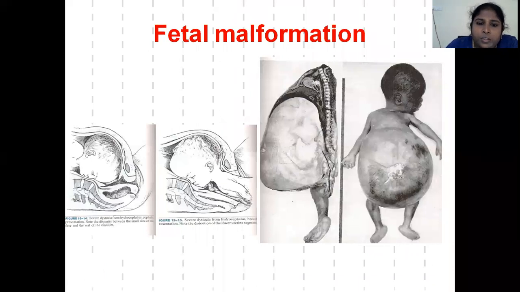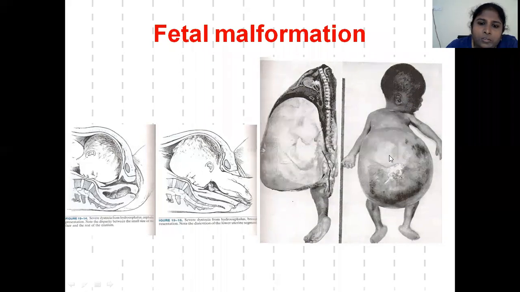Next, fetal malformations. Fetal malformation is also a cause of fetal dystocia. Until now, we have been reading about problems in the pelvis, that is, the problem in the passage. Sometimes the baby may also have a tumor, either in the head, hydrocephalus, or in the abdomen.